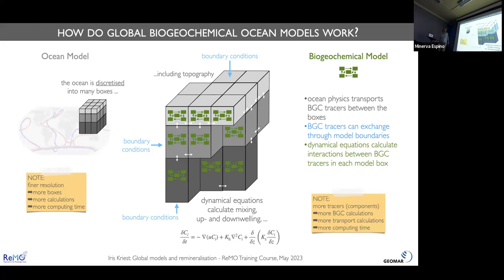And again, we see that the more biogeochemical tracers you want to represent, the more individual green rectangles we have here, the more expensive the model would become, because physics would have to transport all of these little things around, and also we'd have to compute many more of these interactions. So again, there is a limit to the representation of the diversity of the biogeochemical system.